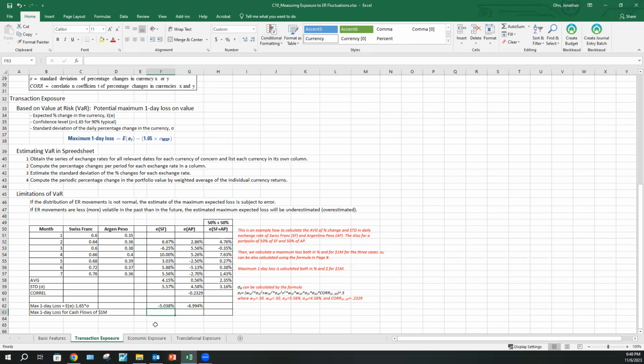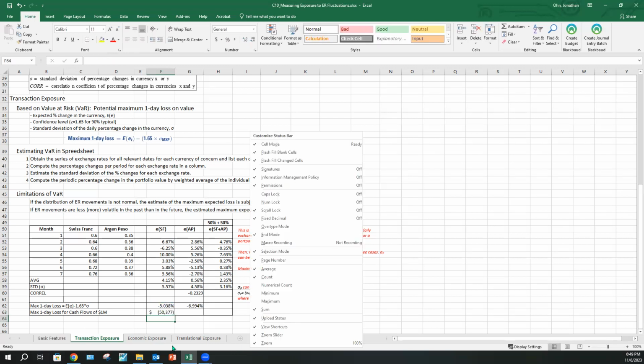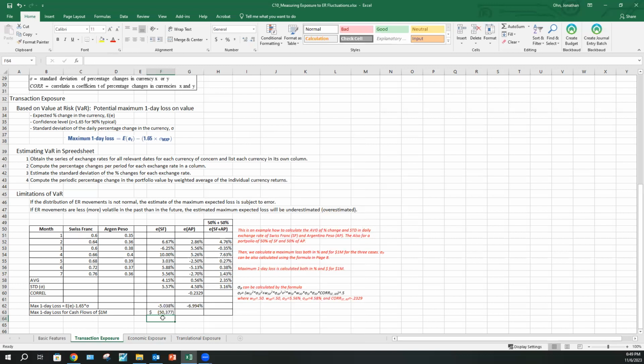Now let's calculate the maximum one-day loss for a cash flow of $1 million. Just change this percentage change to dollars. For $1 million, the maximum one-day loss will be $50,377.